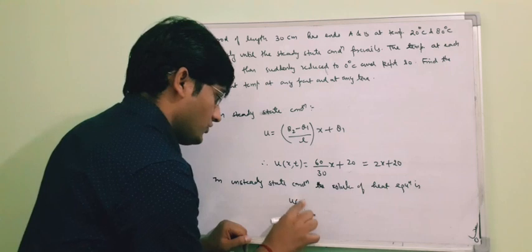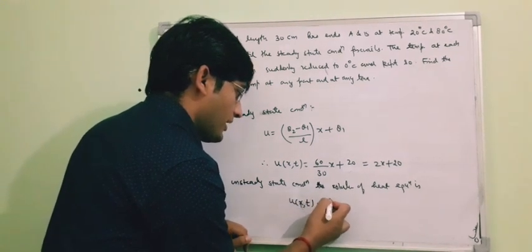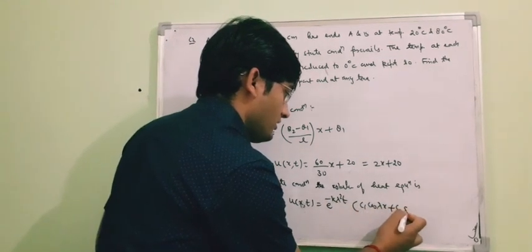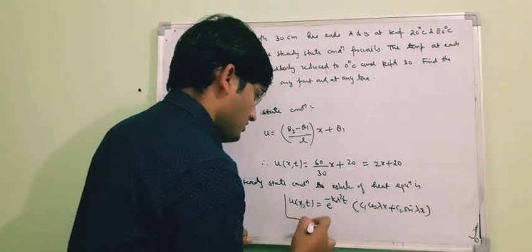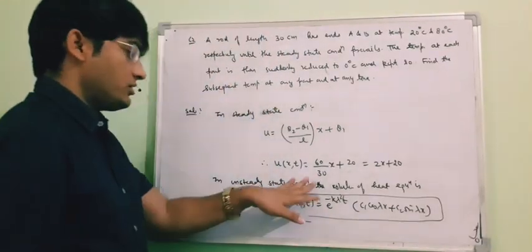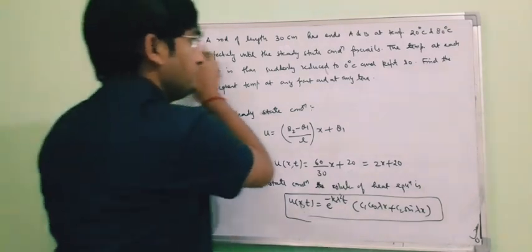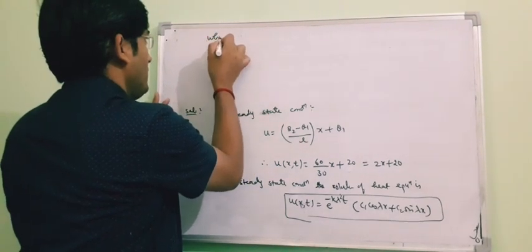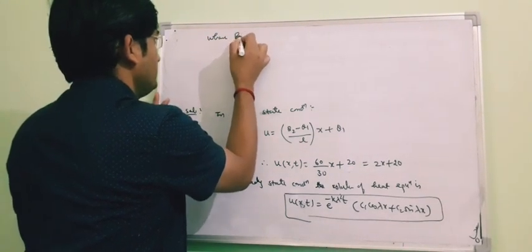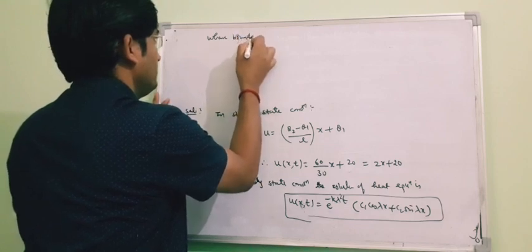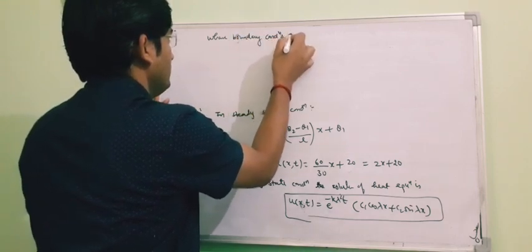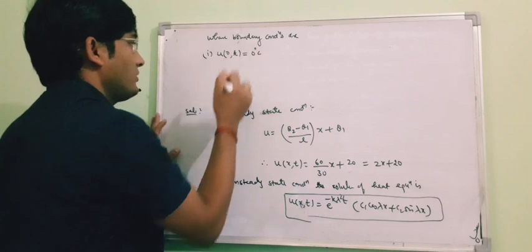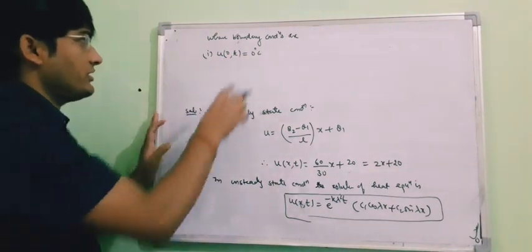The solution will be u(x,t) equal to e to the power minus k lambda square t into C1 cos lambda x plus C2 sin lambda x. So this will be your solution in unsteady state condition, where the boundary conditions are: when the length of the rod is 0, that means at A your temperature is 0 degree centigrade.